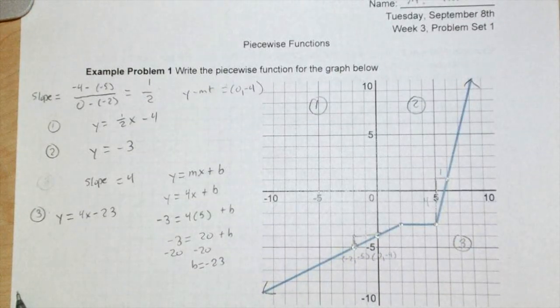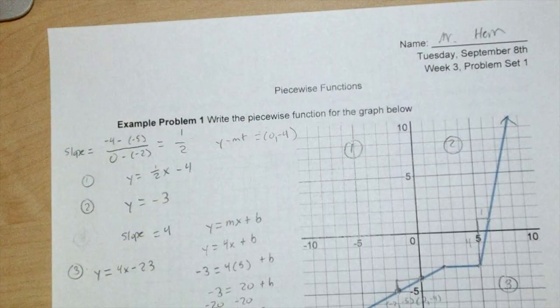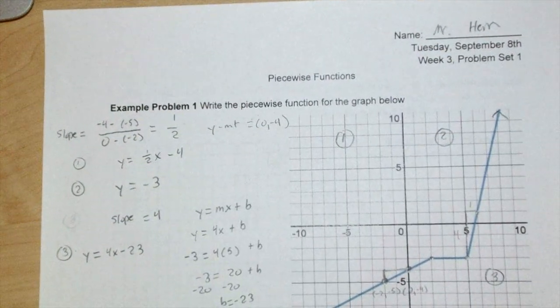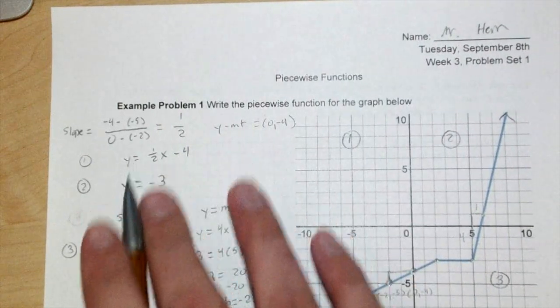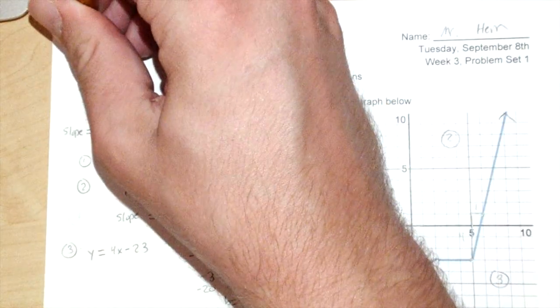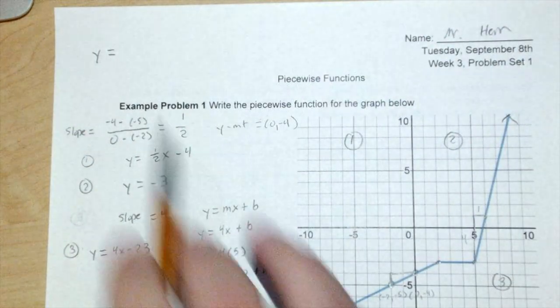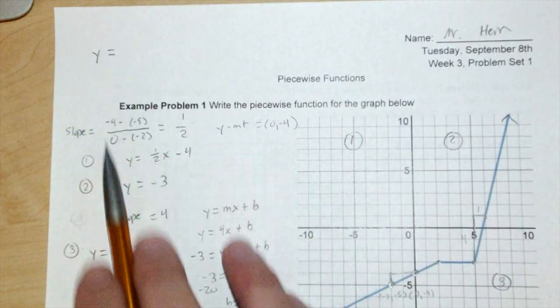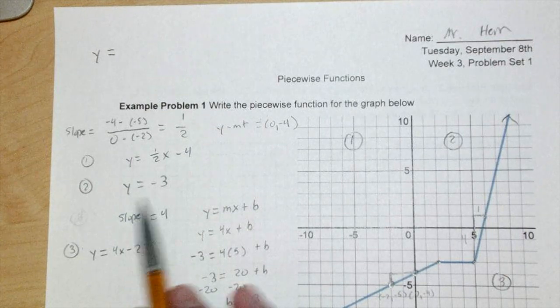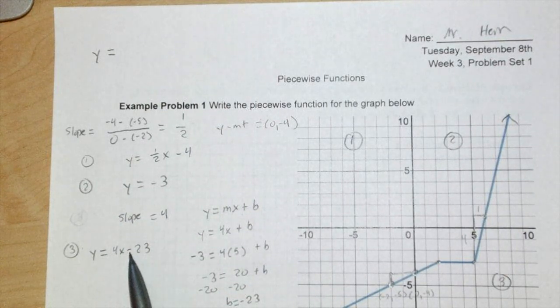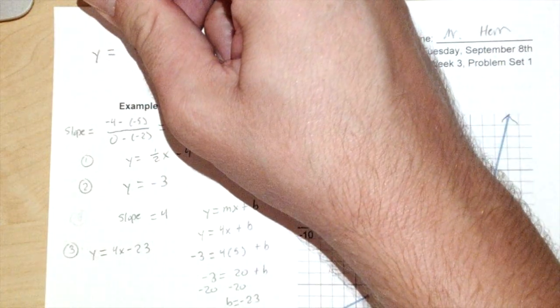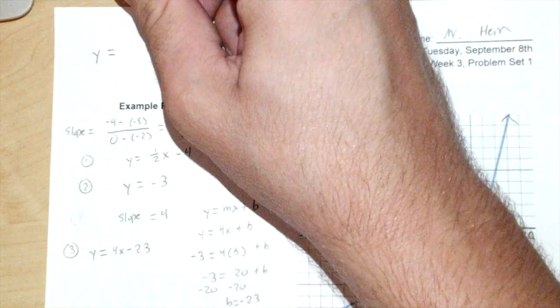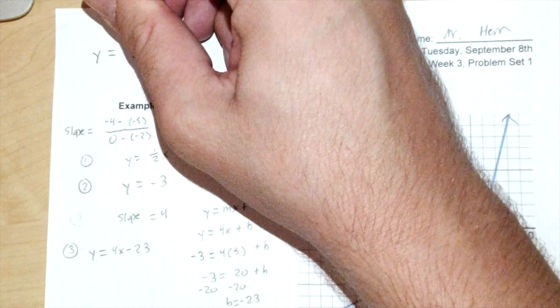Okay, so this is the part that's a little bit harder, but I don't think it's too bad. So we're trying to write the equation. We have 3 equations, and we just know this is what y equals. y equals this sometimes, y equals this sometimes, and y equals this sometimes. So we're going to write y equals, and then I want you to use this kind of caret parenthesis.